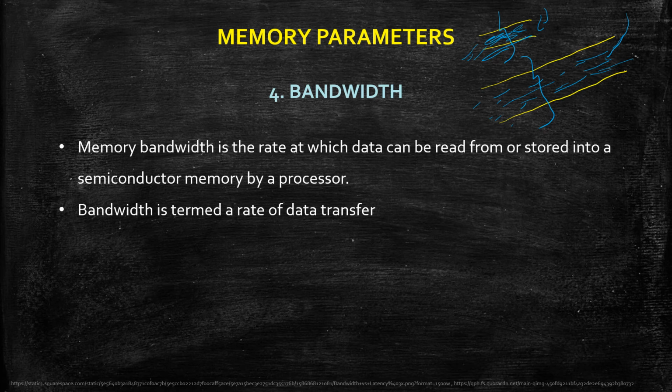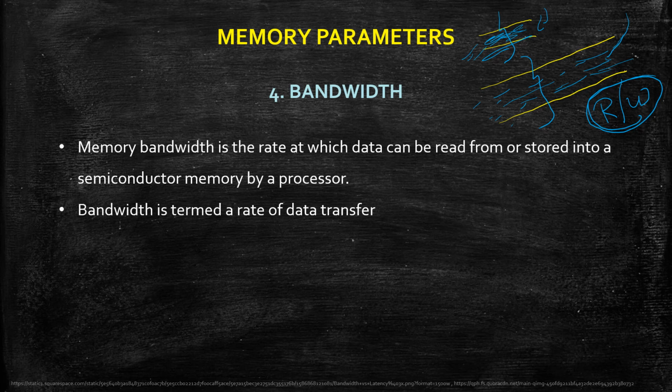And similar for the computers. When we talk about the bandwidth, you need to keep in mind that when we perform a read or a write operation, this operation will be performed by the processor only, right? So the rate at which data can be read or stored. Keep in mind, not how much time it takes, but how much data it passes in a given time.